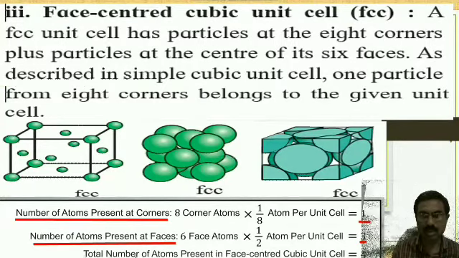The total number of atoms present in a face centered cubic unit cell is equal to 4.